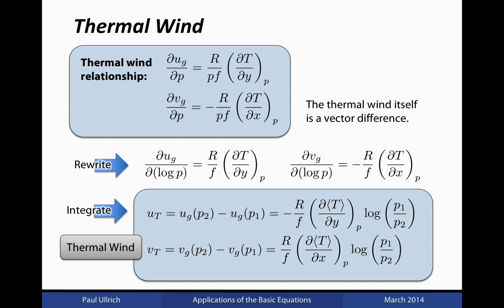Note that this logarithm is then taken of a quantity which is greater than 1 and is hence a positive value. The meridional component of the thermal wind appears in an analogous expression except with R/f times the derivative of the mean layer temperature in the zonal direction times the logarithm of p1/p2.